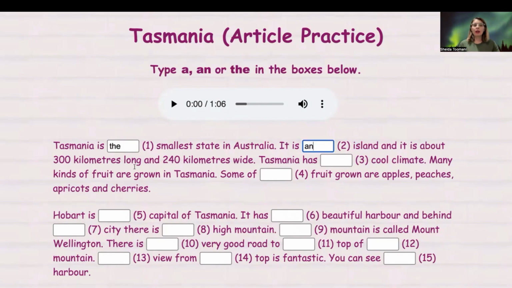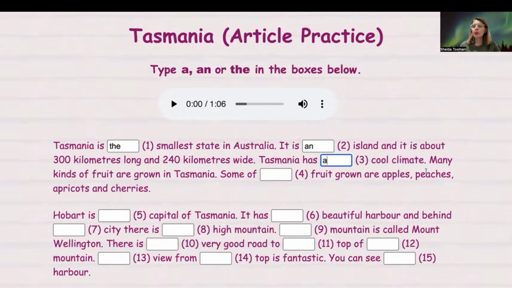And it is about 300 kilometers long, 240 kilometers wide. Tasmania has cool climate. Again, we have climate as a noun, cool adjective for this noun. So it's a noun group here. And then we have C, which is not a vowel, a or an.